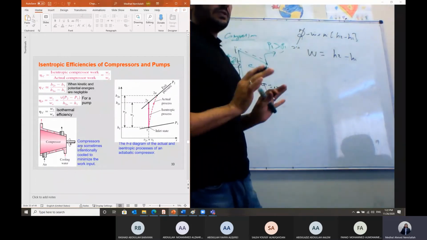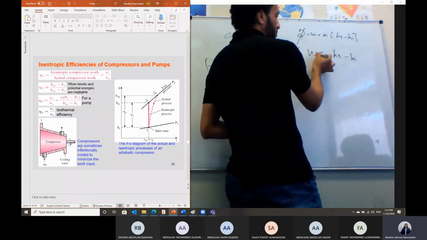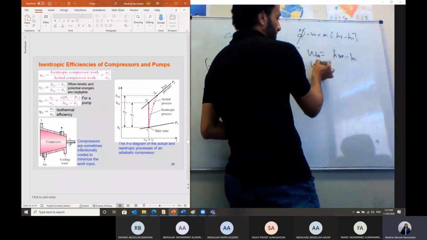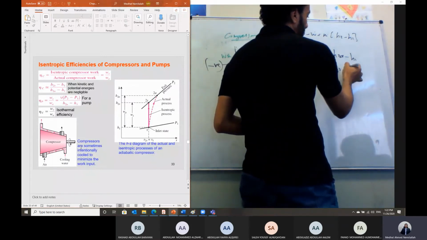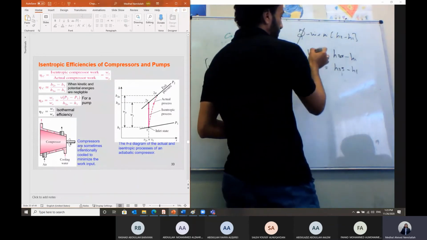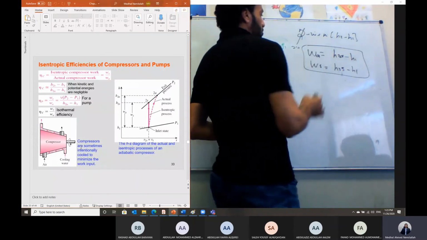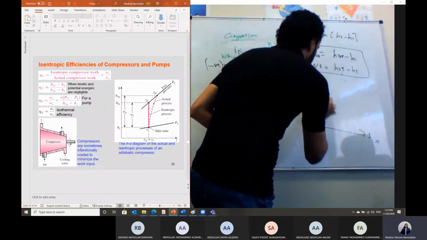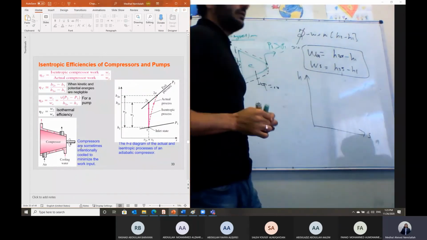If this process is an actual process, the actual work is equal to H2 actual minus H1. If the process is isentropic, the isentropic work will equal H2S, the isentropic exit condition, minus H1. But let's look at this representation on the Mollier diagram, the h-s diagram.